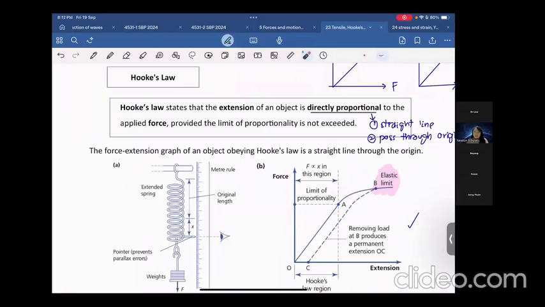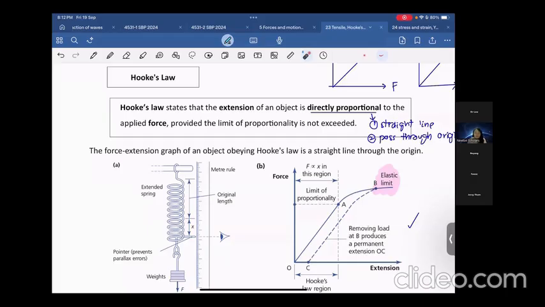That means they will ask about Hooke's law, so you have to know it. Once you exceed the point, Hooke's law does not apply anymore. It won't continue to give you a straight line. It gives you a curved line, and this curved line will curve towards your extension axis.